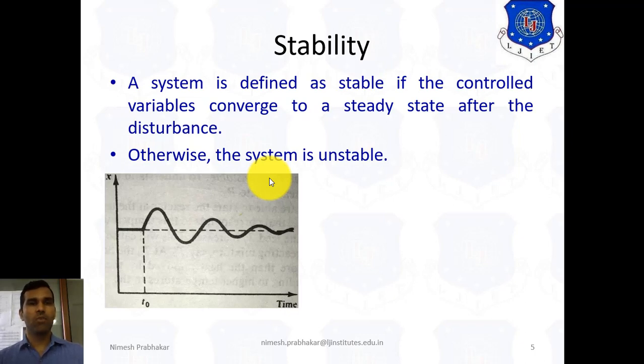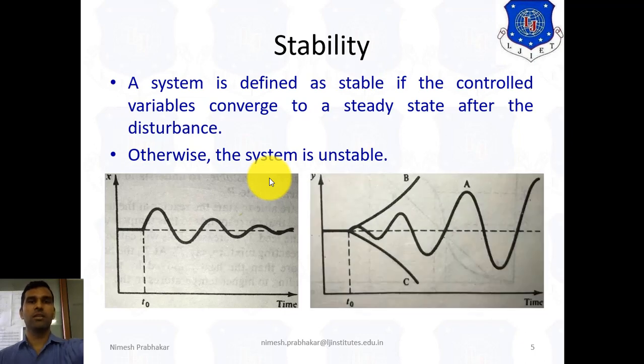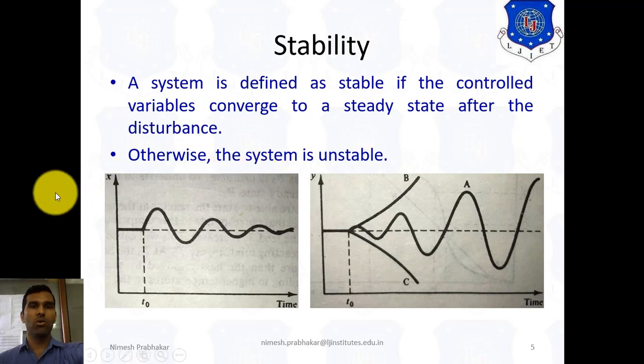Now to understand more, we take another example, another system represented by this graph y. In contrast to the behavior described above, the variable y in this figure does not return to its initial value after it is disturbed by external influences.